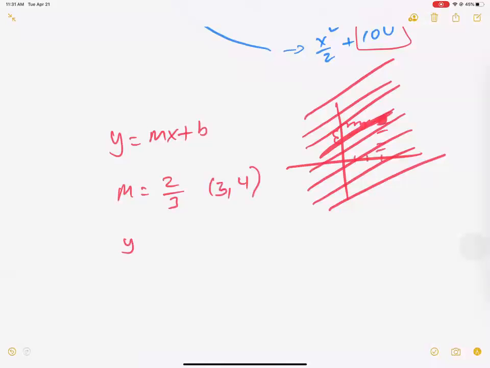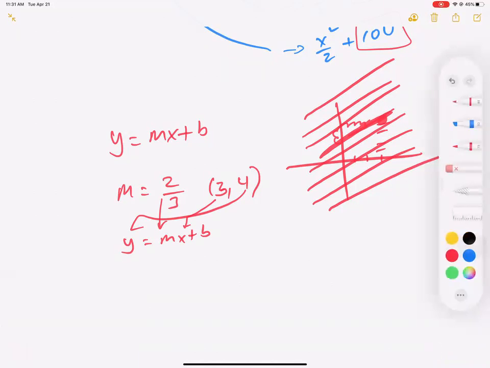We can rewrite the equation now as y is 4, x is 3, the slope is 2/3. 4 is equal to 2 over 3 times 3.